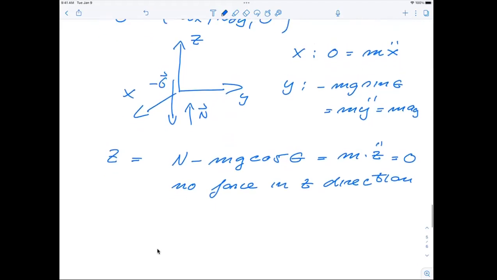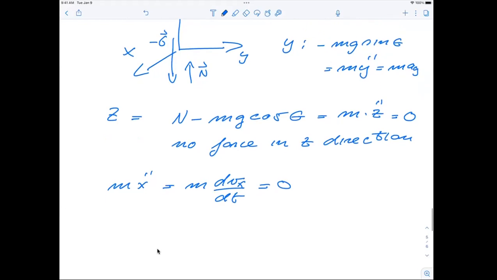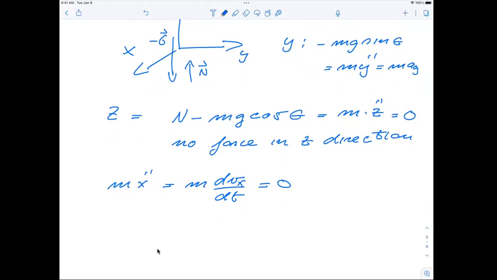Now, if we look at these equations, if we start with the acceleration in the x direction, what we have is simply that m times x second derivative, which is the same as m times dvx/dt, is equal to 0. Now we can divide away the masses.